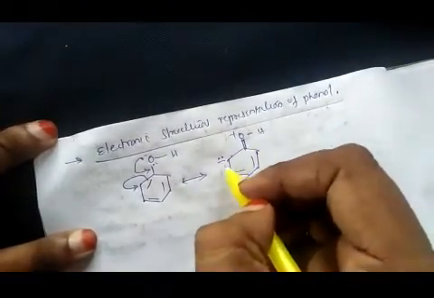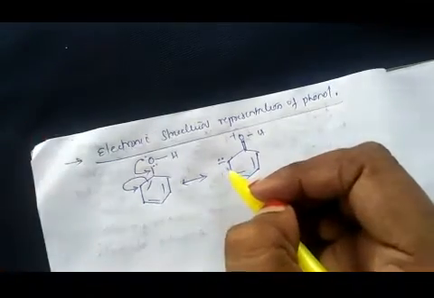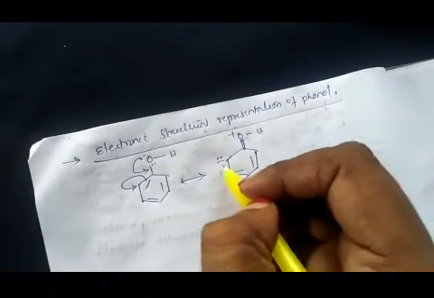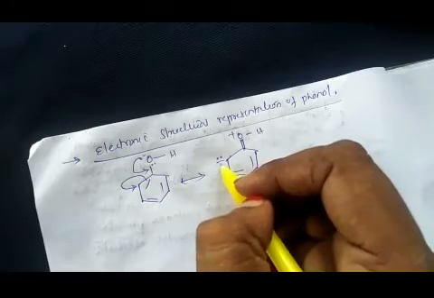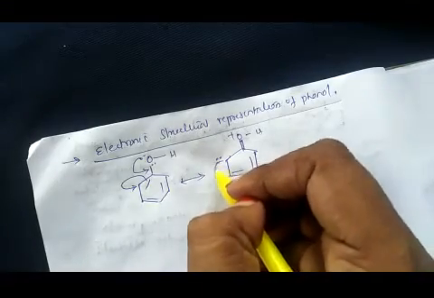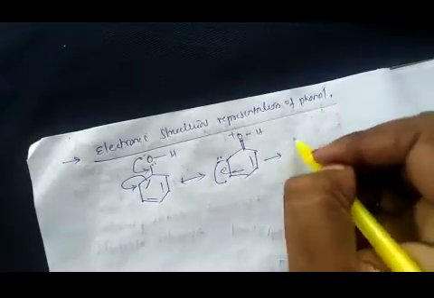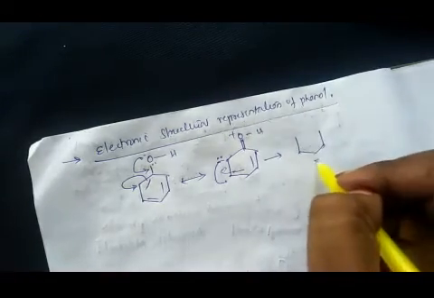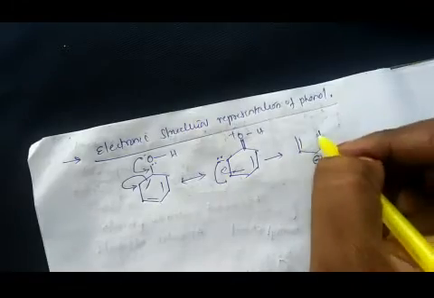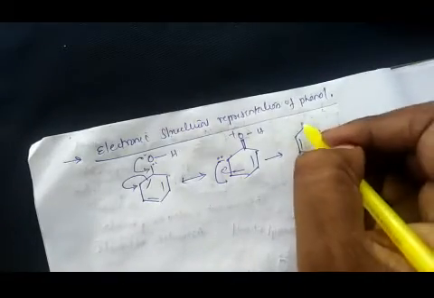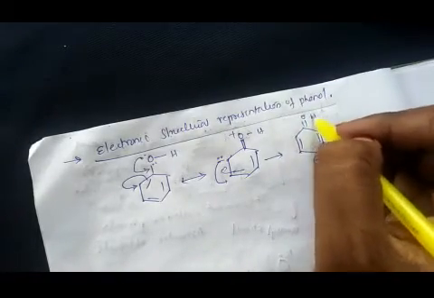These electrons will shift here, and this bond will shift here, and we get a structure like this, with the negative charge here and double bond O H plus.